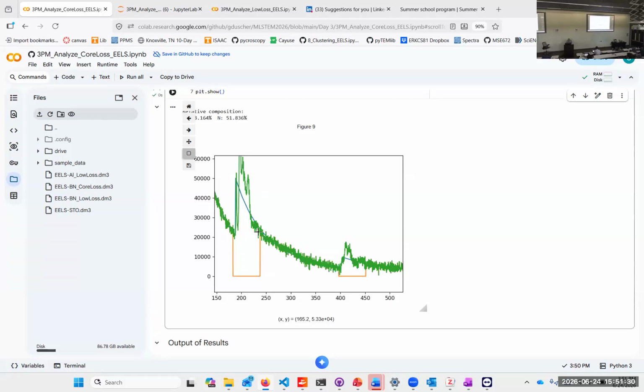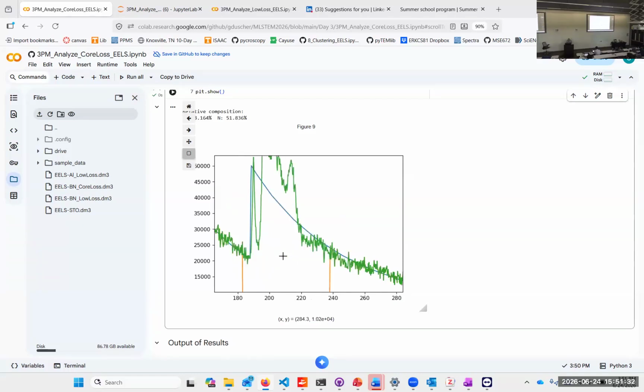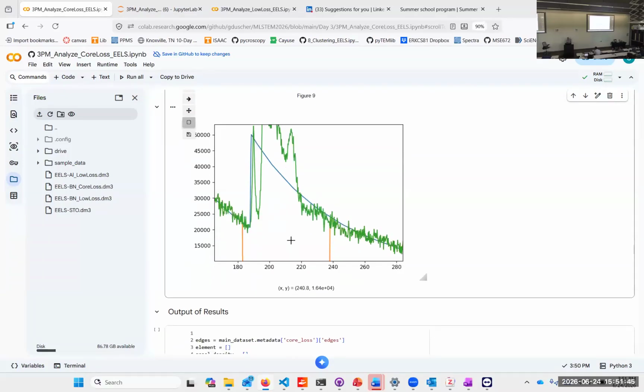And if we look here, strong deviations, obviously, where we have the solid state effects. And we fit that down here, and it fits, and here is our background.